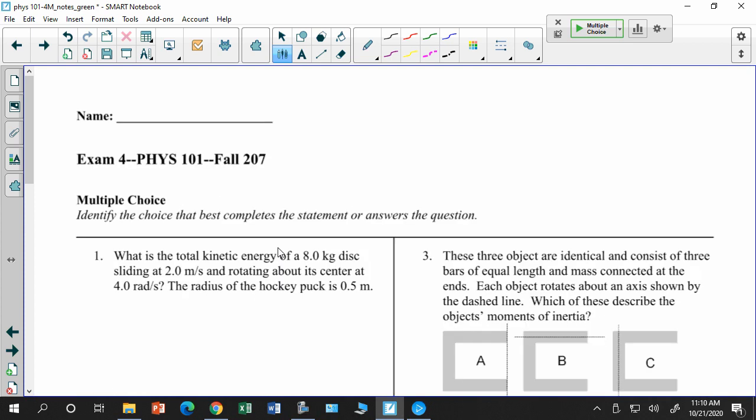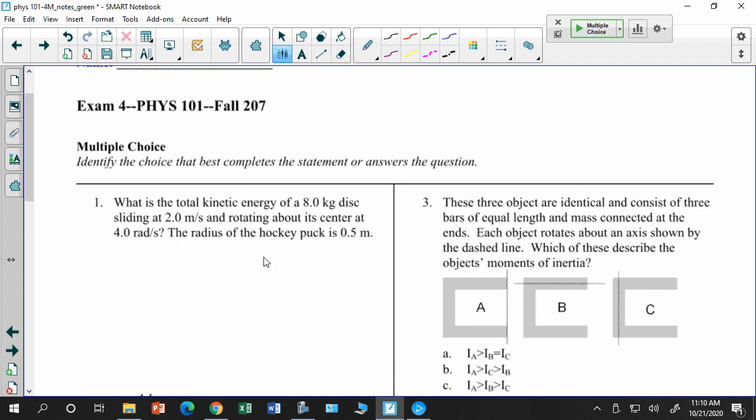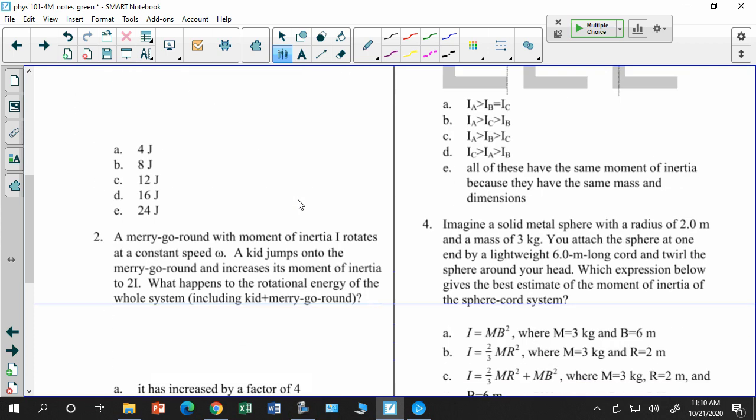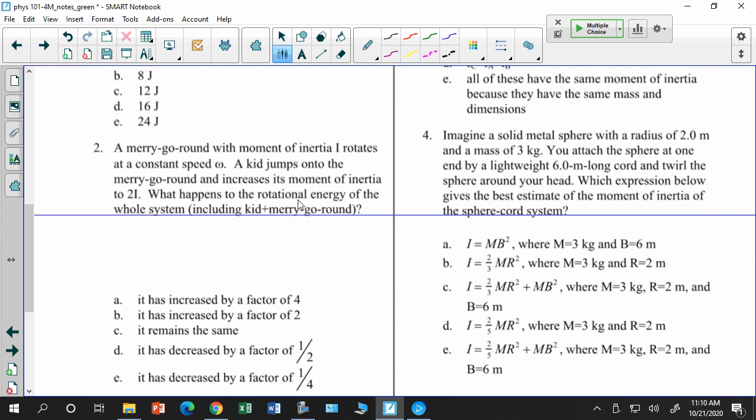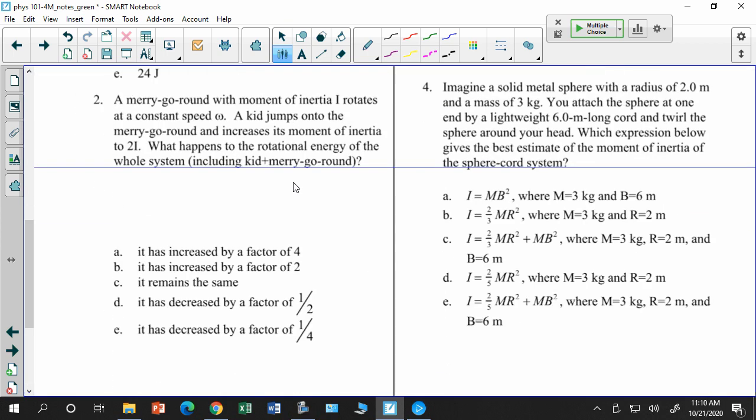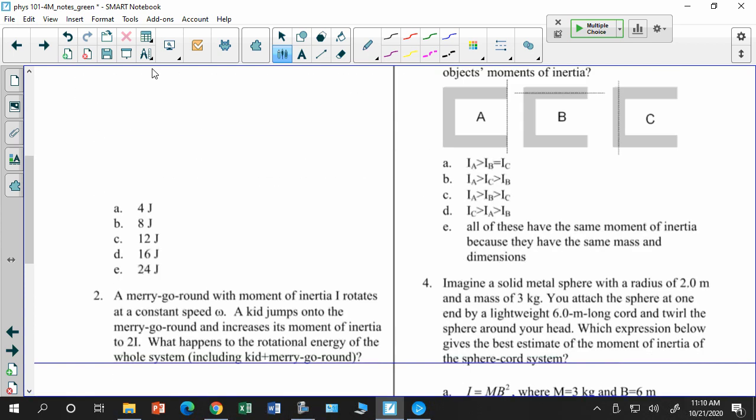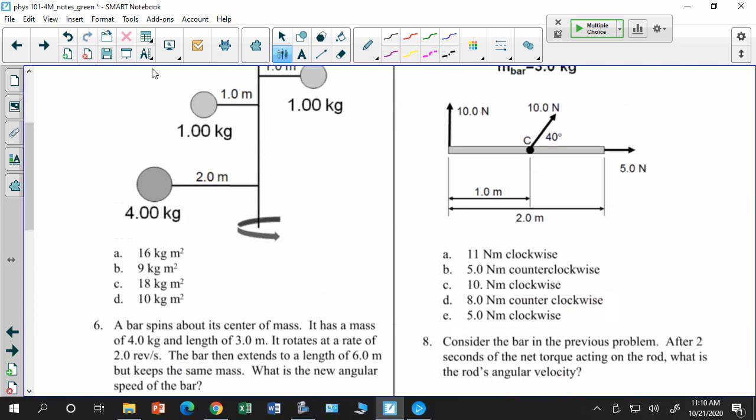Yeah, let's do this one. Fall, it says 207. That should be 2017. So let's do, I think this is the one I wanted. Yeah. Let's do 7 and 8.